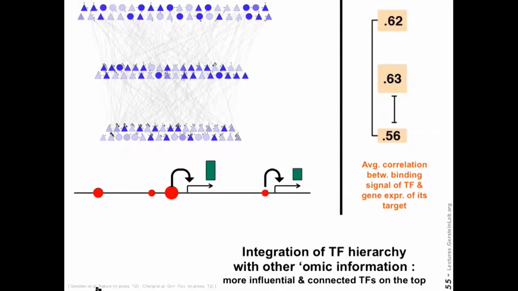So you can ask what the average weight in the model is, which is essentially the average correlation of the factor with gene expression, and then paint each of the factors by that. Just by eye, if you roughly scan this, you'll see that there are darker colored ones slightly at the top relative to the bottom. So the factors at the top tend to drive gene expression a little bit more than the ones at the bottom.